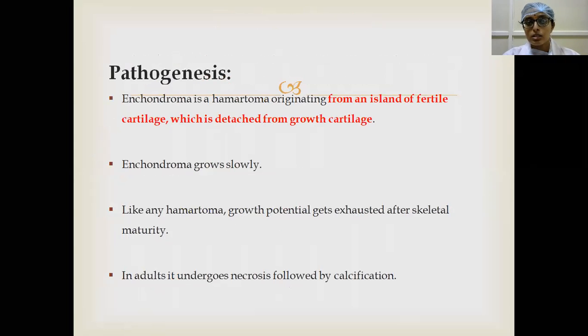But here there is separation of the growth cartilage, and it is mature cartilage which we are seeing. From this detached island of fertile cartilage, the tumor develops. Enchondroma grows slowly, and like any hamartoma, its growth potential is usually exhausted after attaining skeletal maturity. And in adults, it undergoes necrosis by calcification.